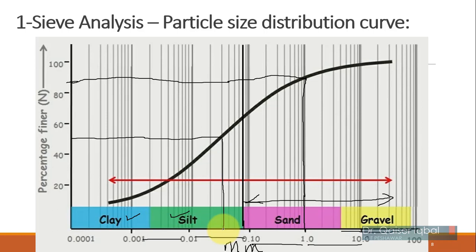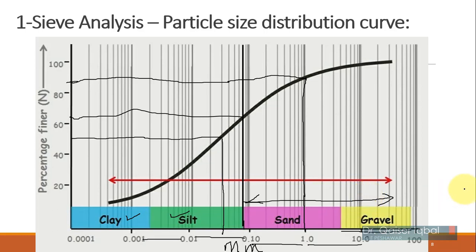So it means that 50% of the material is smaller than 0.03 millimeter in this soil sample. So this can be considered a fine-grained soil as well. Over here you can see the majority of the soil is silt or clay. Okay, silt starts from here, so you can see up to 65% of the material is either silt or clay, while the remaining 35% is sand or gravel.